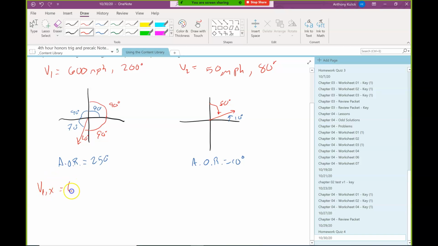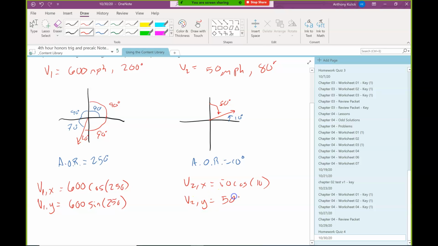The x component is going to be 600 times cosine of 250. And the y component is going to be 600 sine 250. Similarly for vector 2, the x component is going to be 50 cosine 10, and the y component is going to be 50 sine 10.